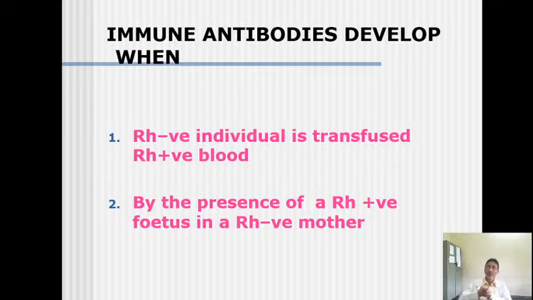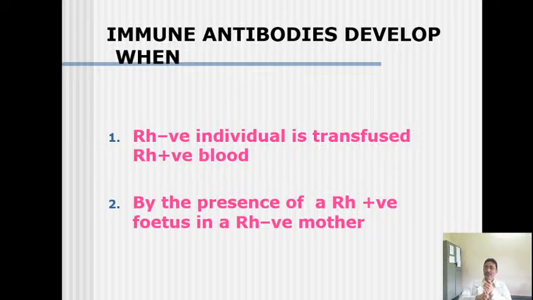The recipient's body will identify the donated cells as foreign bodies, stimulate the immune system, and start developing antibodies against the Rh antigen. So this is the way the antibodies are developed. They are not naturally present antibodies.